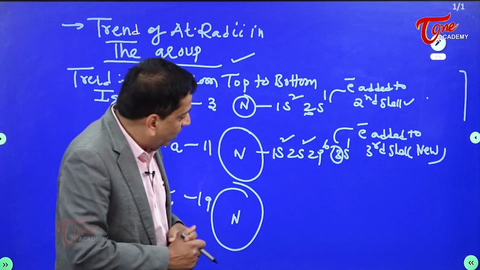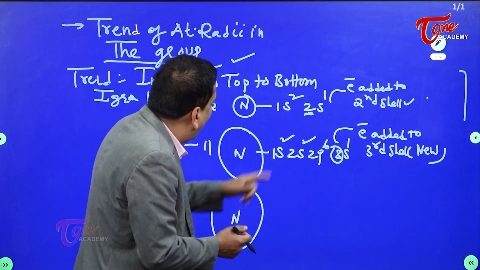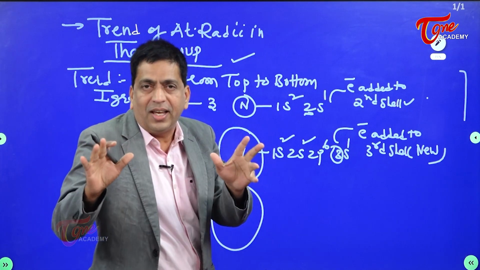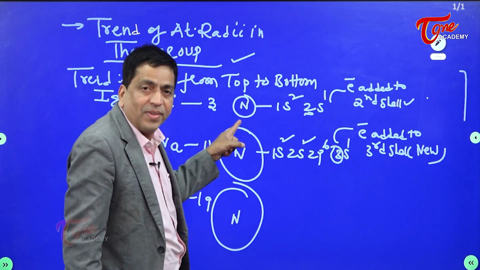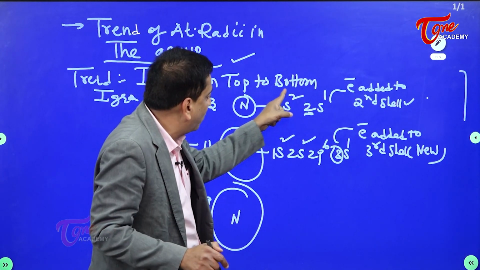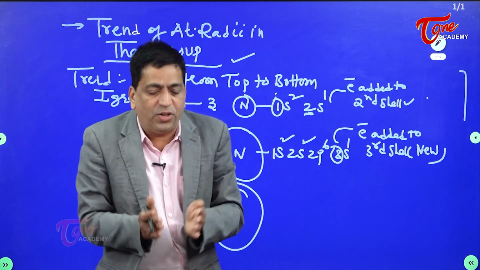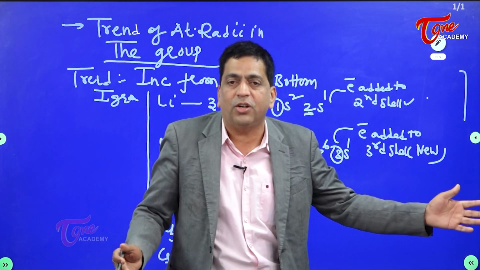Now, what is the consequence of doing that? Between the nucleus and the outermost shell, that's number 2, the number of shells in between them is only 1. You have the first shell in between the nucleus and the second shell.